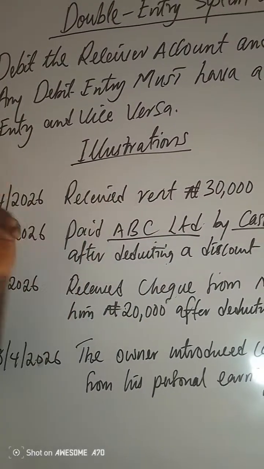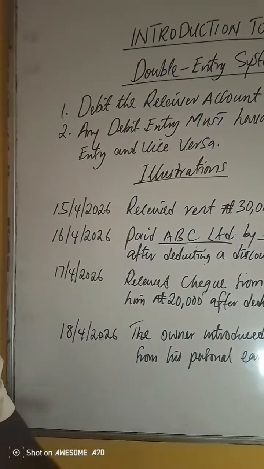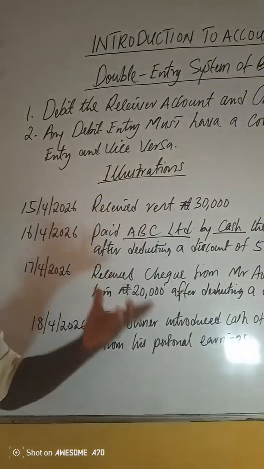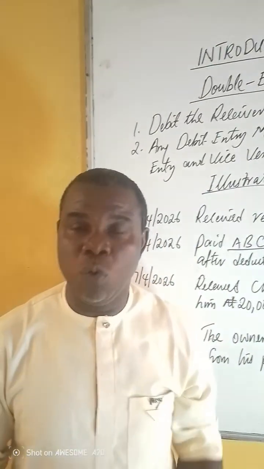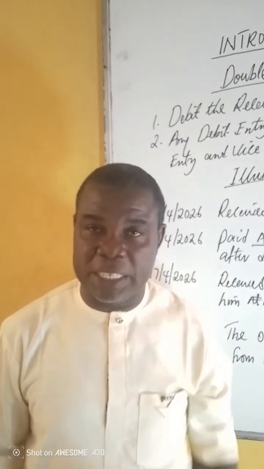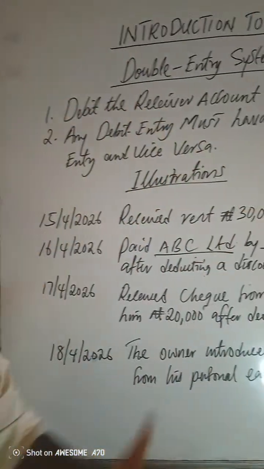In any transaction, there must be a receiver account and there must be a giver account. So in this transaction, rent received becomes the giver account, while cash becomes the receiver account. But how? Here we are saying that the business is receiving rent.